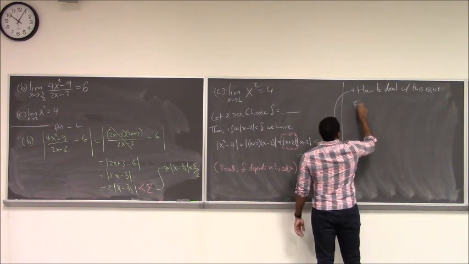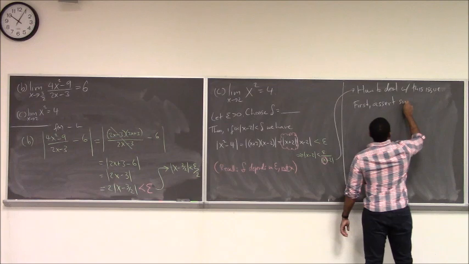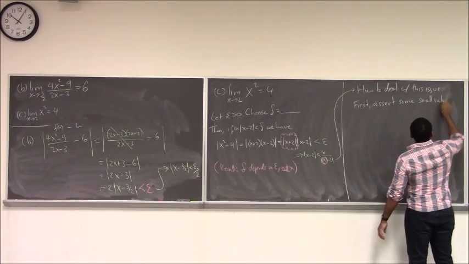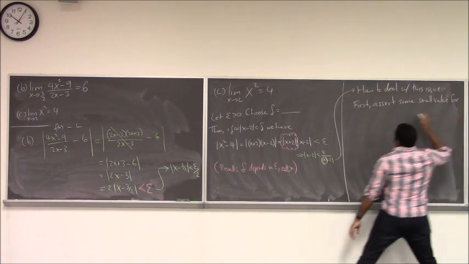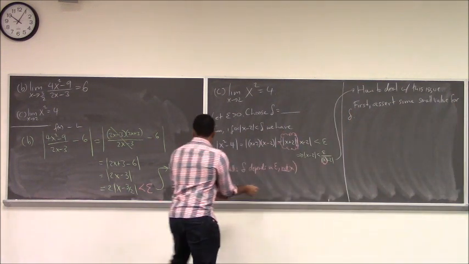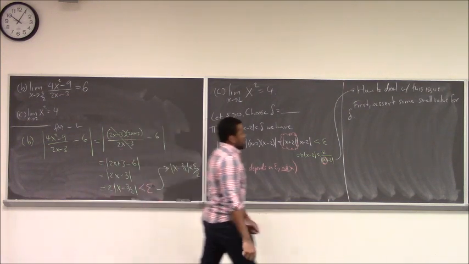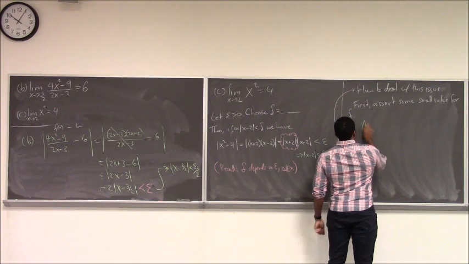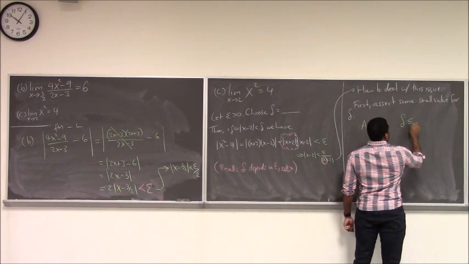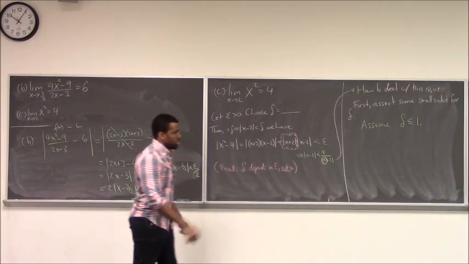First, assert some value for delta. Usually it's 1. So you can say something like, assume delta is going to be less than or equal to 1, okay?